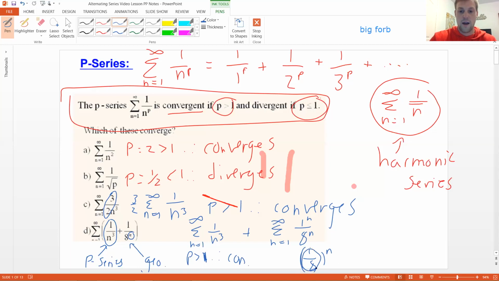I know that this rate, which is 1/8, is less than 1, so it converges. That's going back to our geometric lesson. It was a mess me trying to squeeze that in there, but does that make sense? Being able to do p-series and then geometric, it's that simple. Questions, comments, concerns on p-series?